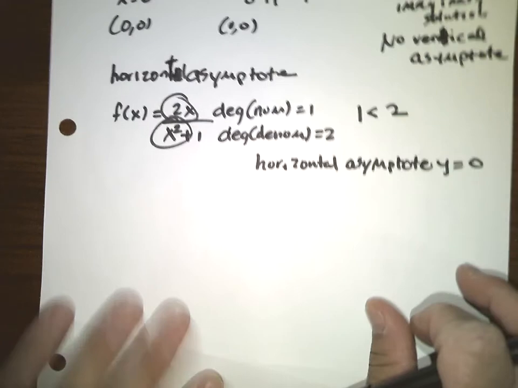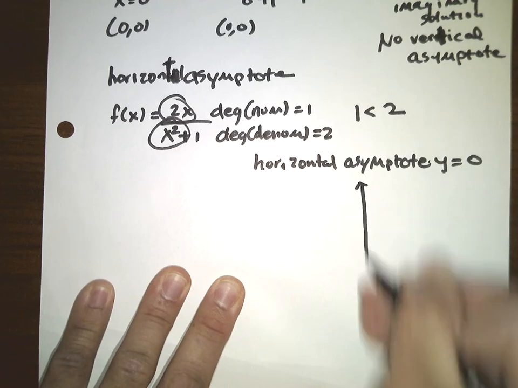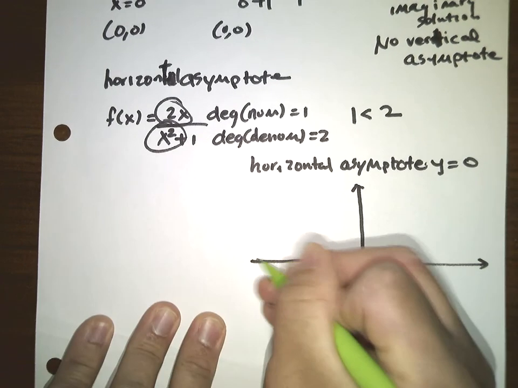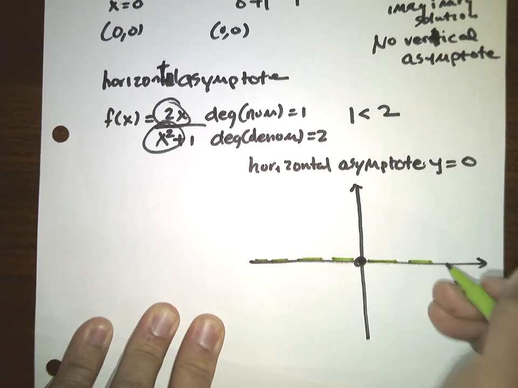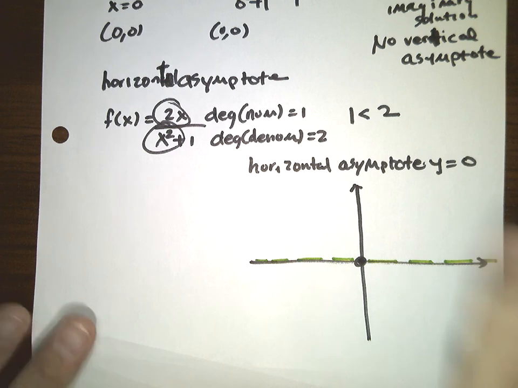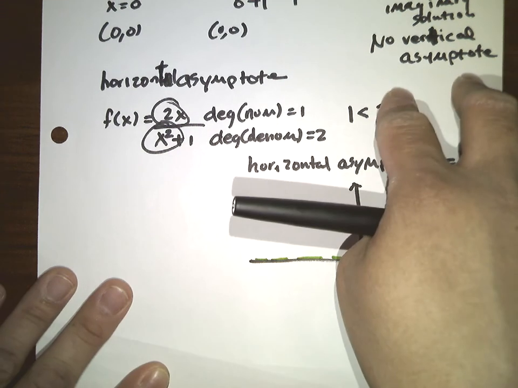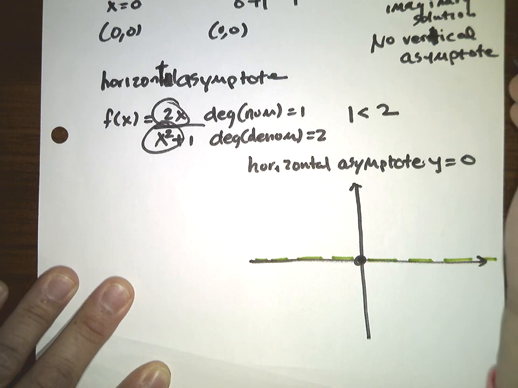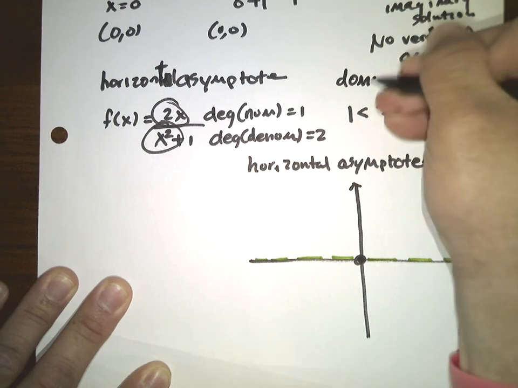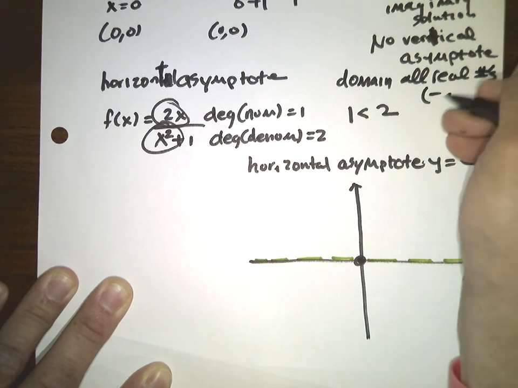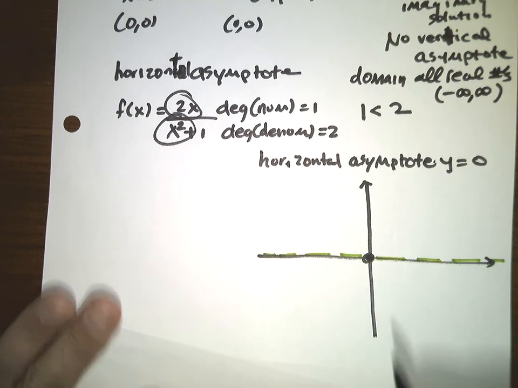So now I just need to go ahead and graph this. I know that there is a point at (0, 0) and that the horizontal asymptote is y equals 0. And I also know that there were no numbers that would make the denominator equal to 0, so the domain is all real numbers, negative infinity to infinity.